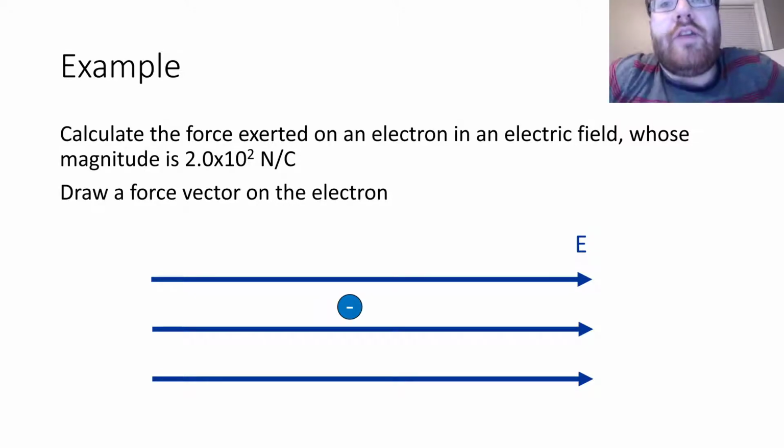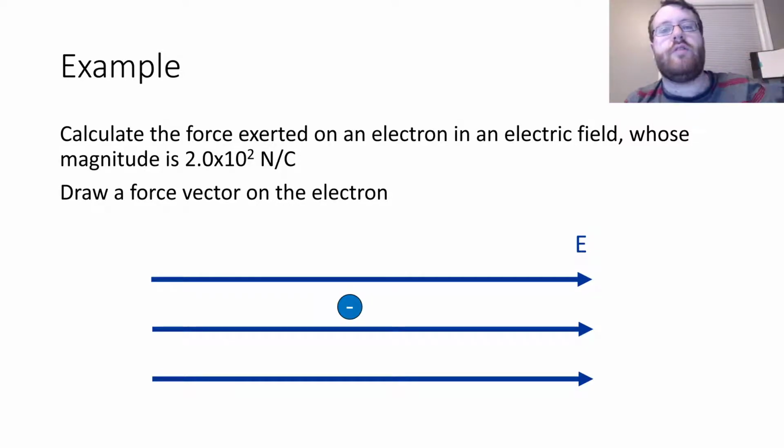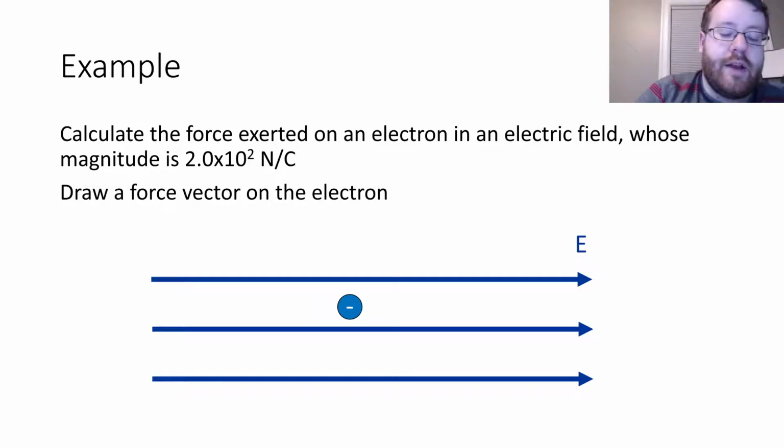You're going to notice that the formula is incredibly straightforward to use. Really, the only trick is that often the charge that we have to work with is a particle. So you have to deal with the fact that I have to look up the charge as 1.6 times 10 to the minus 19. So our formula is E is equal to Fe over q.